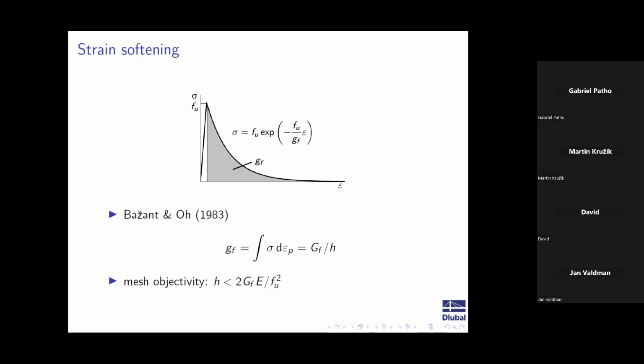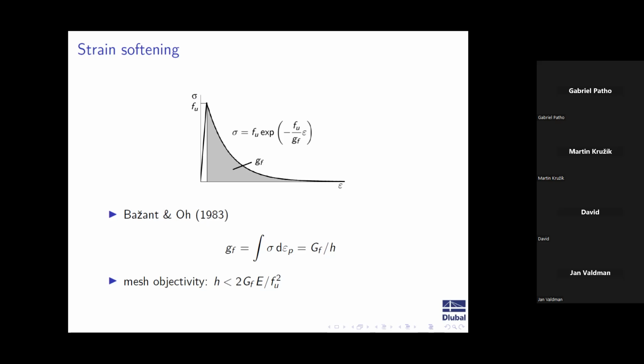These are some notions from Zdeněk Bažant from 1983, where actually if I want to have mesh objectivity, I need to introduce another intrinsic length, which is here denoted h. This is sometimes called the crack width.